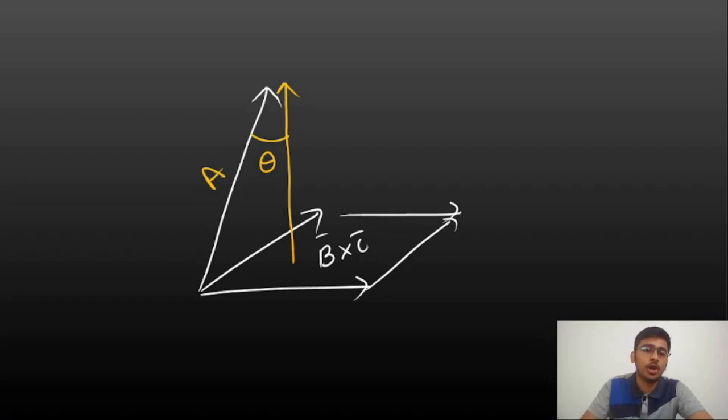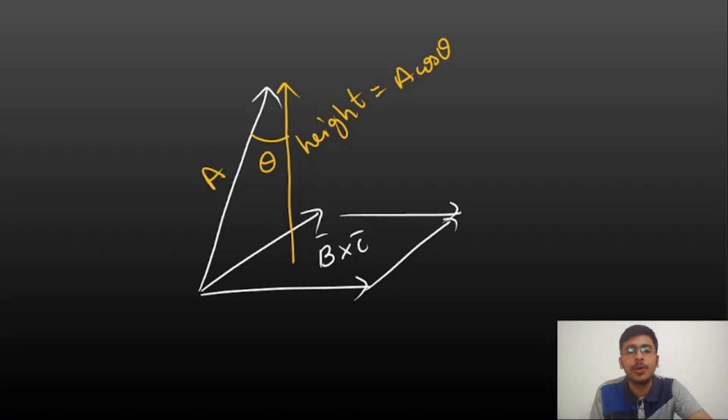So A dot B cross C is basically giving us this height. Height is nothing but A cos theta, where theta is the angle between B cross C and A. See, this angle was with the plane, but I'm not talking about the angle with the plane; I'm talking about the angle with the perpendicular to the plane. Correct. So simply height is A cos theta.